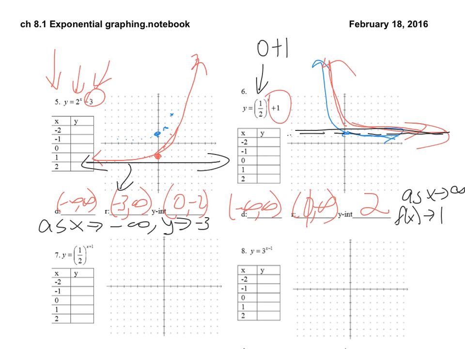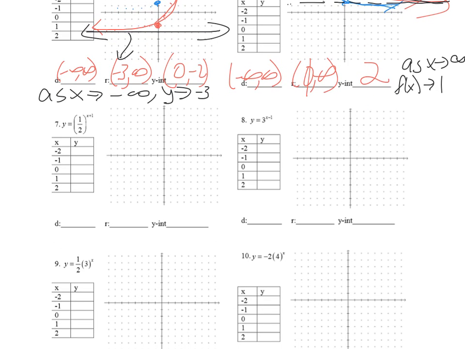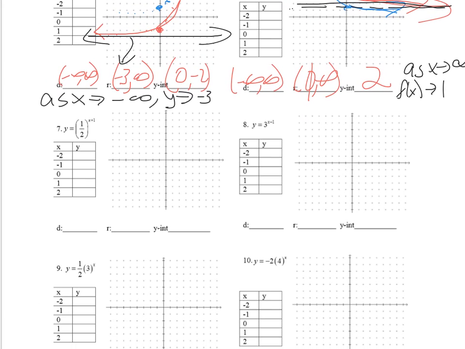So keeping that in mind, thinking again about transformations, this transformation changed what happened on the y-axis. This transformation here and here is going to change what happens in the x direction. x minus 1, we want to think about what would bring that back to 0. That would be 1. That's going to take our basic 3 to the x graph from before, and it's going to move all of the points to the right 1 because of that.